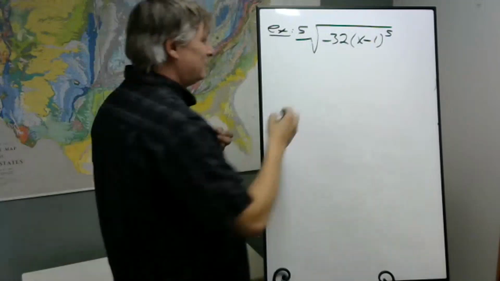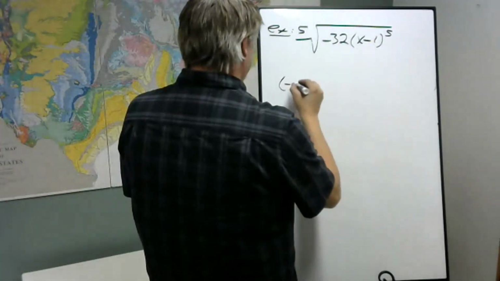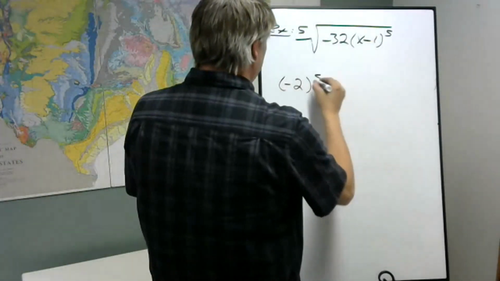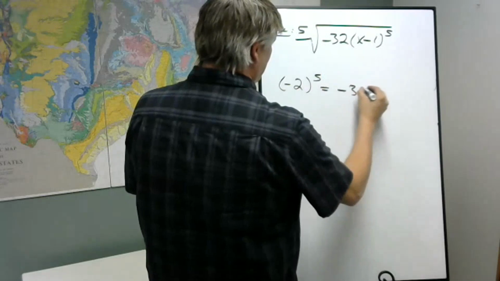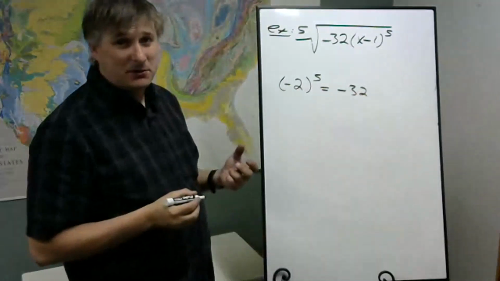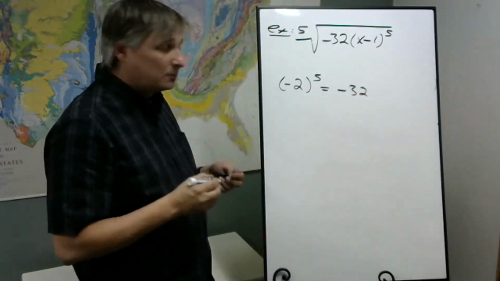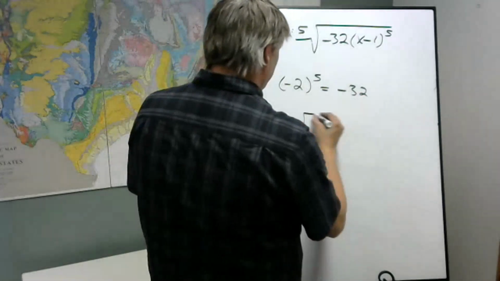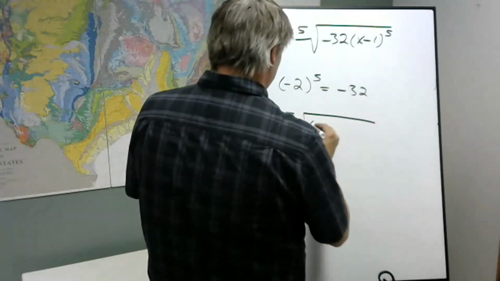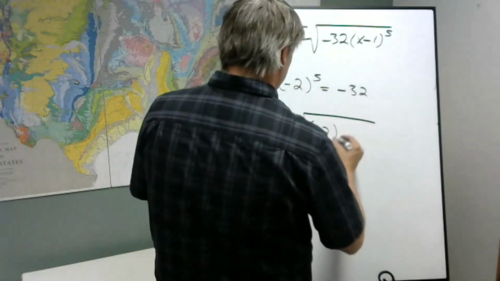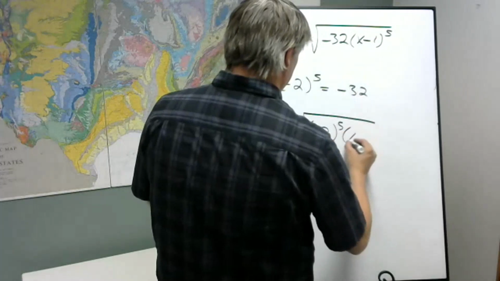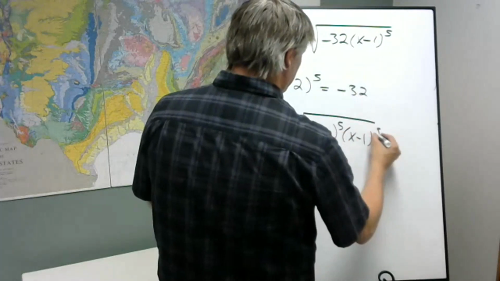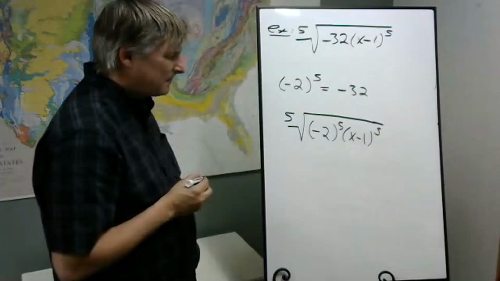Now we might recall that -2 to the 5th is -32. So we can rewrite this as the 5th root of -2 to the 5th, x minus 1 to the 5th.